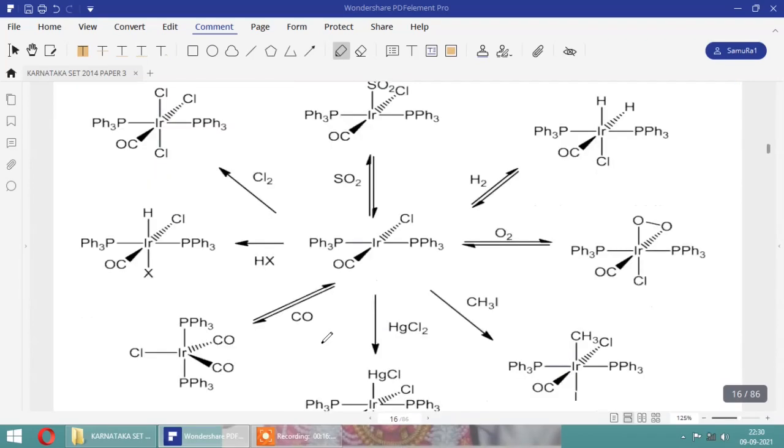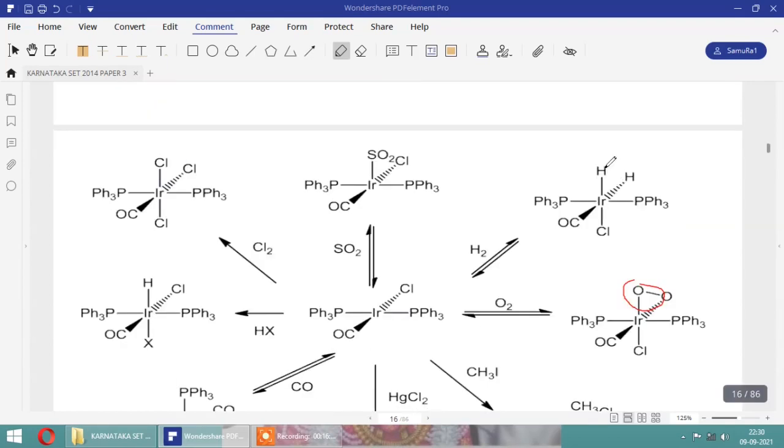You see other Vaska's complex reactions. I have given here the Vaska's complex reactions. When Vaska's complex reacts with oxygen, it forms a bridged complex. When it reacts with hydrogen, you will get a compound like this. When Vaska's complex reacts with SO2, you will get the product like this. SO2 directly adds to this.